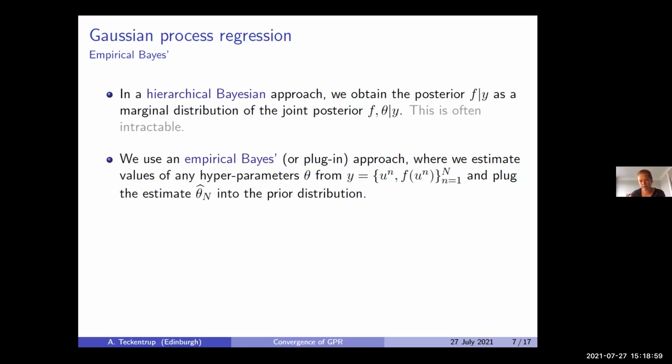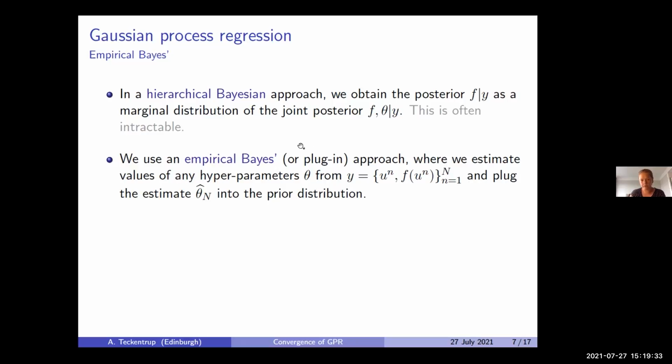So you could do a fully Bayesian approach, this hierarchical Bayesian approach, where you would obtain the posterior that you're interested in on f given y by first finding the joint posterior of the unknown f and the unknown theta given y, and then marginalizing out the theta, so integrating over theta. However, that is very often very expensive. So doing this integral over theta can usually not be done analytically, and doing it numerically would be very expensive.